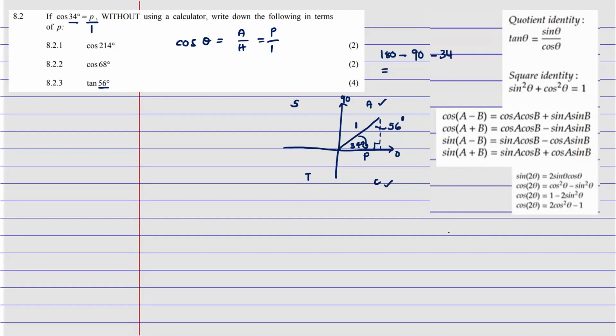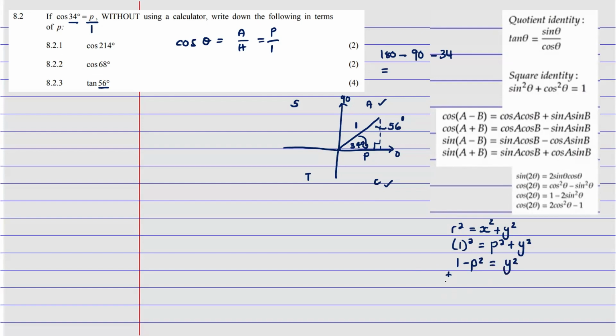So now we have to find our y, using Pythagoras: r squared is equal to x squared plus y squared. Remember that this side is y because it's parallel to the y-axis. So let's fill in so we have the entire diagram filled in. 1 squared is equal to p squared plus y squared, so 1 minus p squared is equal to y squared.